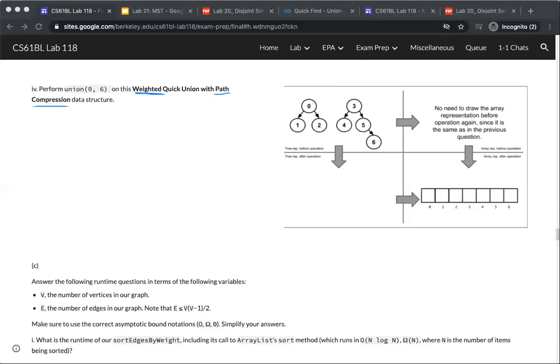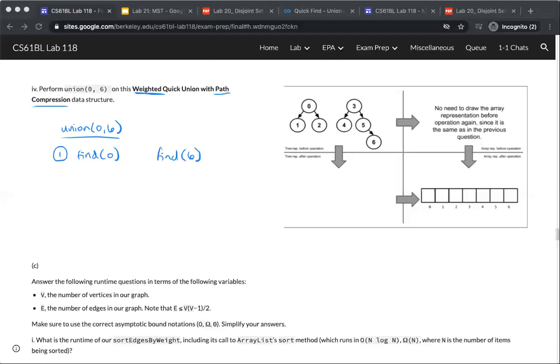So if we take a look at this example, we already know that we can union 0 and 6 from previous parts. And the really important thing here is that when we call the union of 0 and 6, the first thing it's going to do is call find of 0 and find of 6.